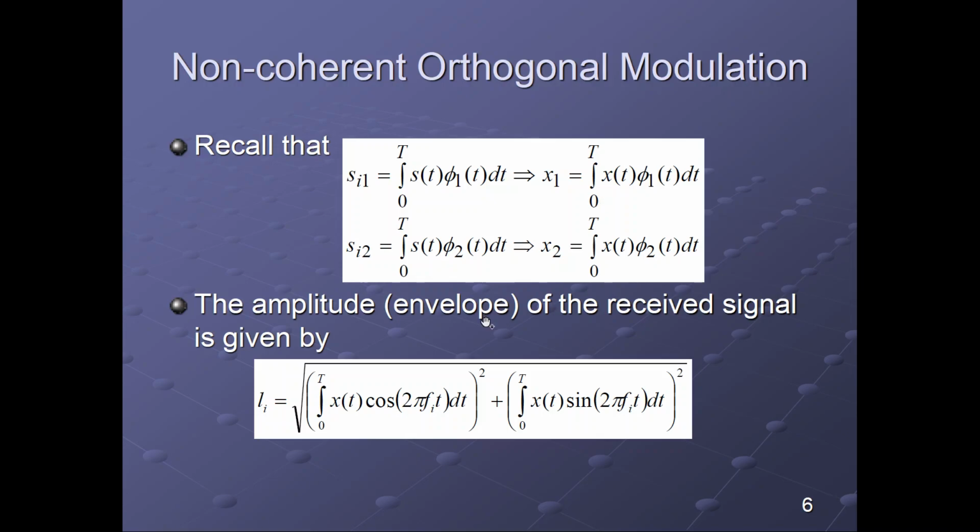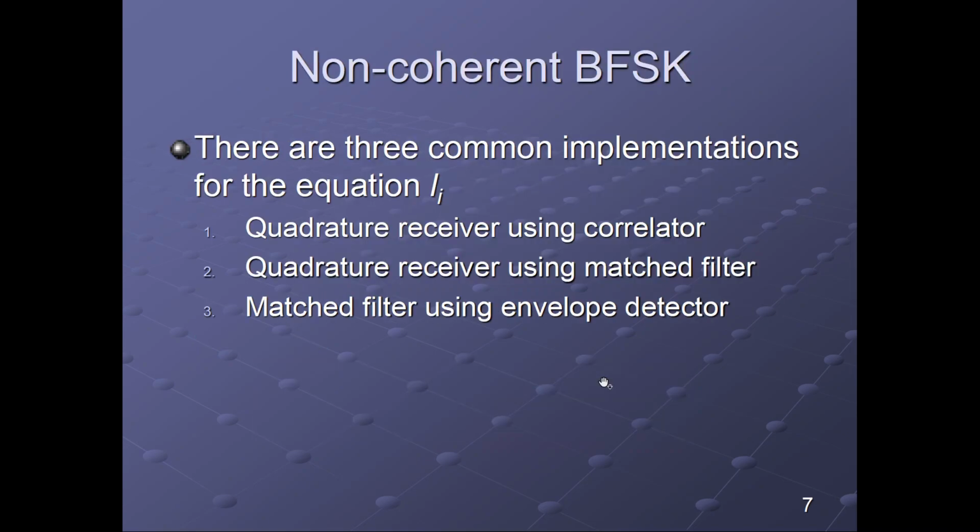You get the projection along each axis, and then you can find the general amplitude value of your received signal. So this can be for any amplitude. Square root of the integration from 0 to T of x(t), where x(t) can be any signal, not necessarily the signal s(t) that we discussed, multiplied by cosine 2 pi f_i t, plus the same factor but multiplied by sine instead of cosine, because this is the second basis function.